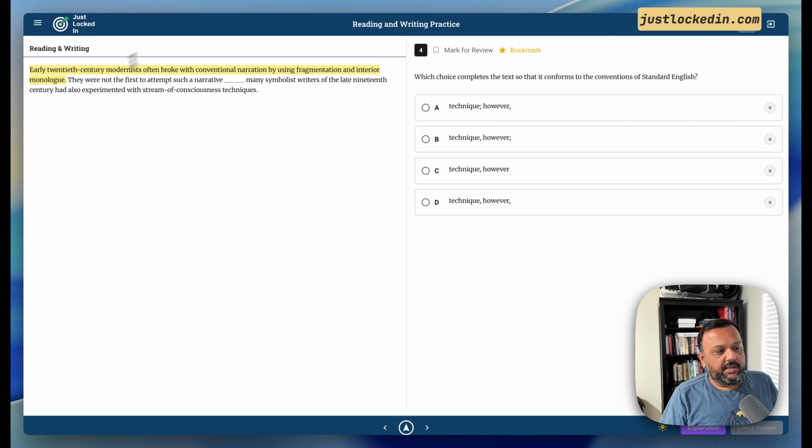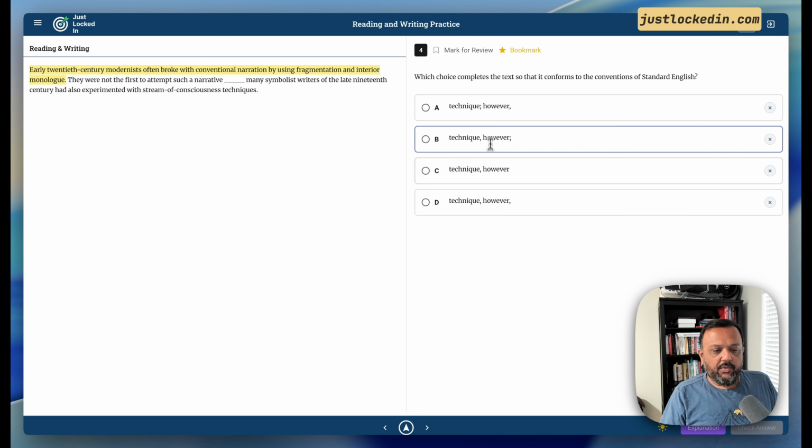So the first sentence is making a statement, and the second one substantiates it. There were people before them that also experimented with such techniques. So something like a colon would be appropriate, right? Now let's look at the options.